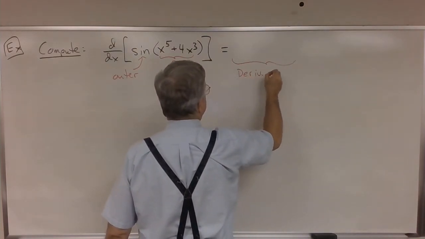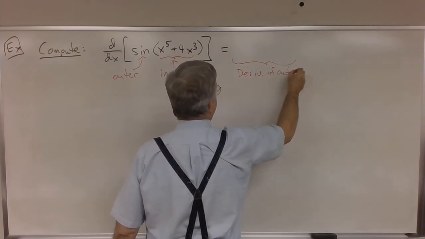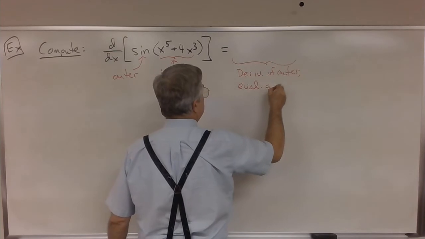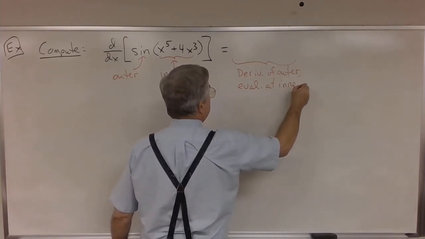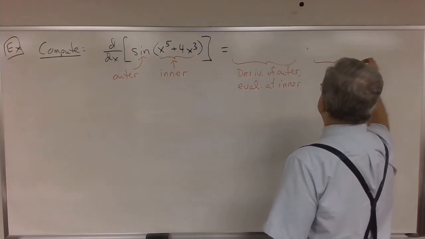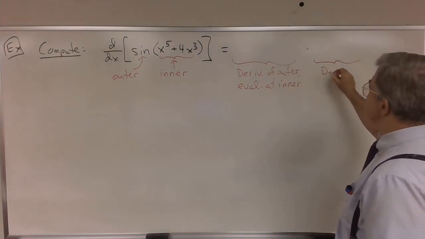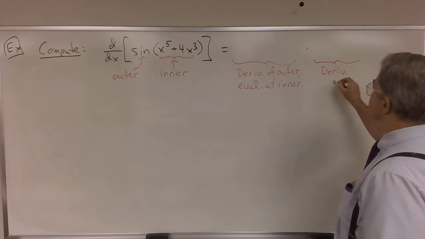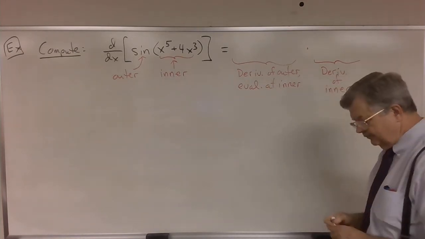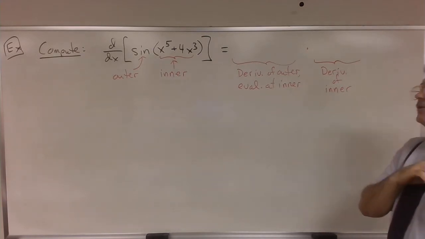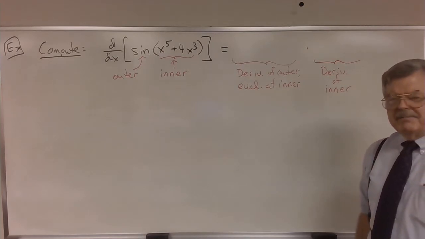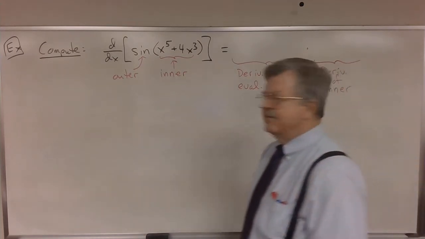We have the derivative of the outer evaluated at the inner times the derivative of the inner. So that looks good. Now let me do some scratch work over here.